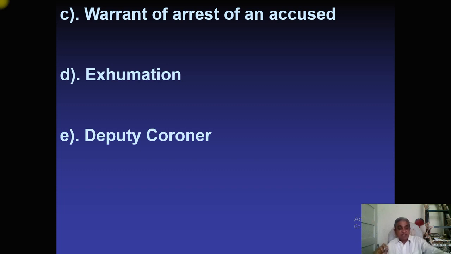So it is his power that if a witness, after duly receiving the summon, fails to appear before the court without any lawful excuse, then the second part of the summon is the warrant. The warrant may be issued by the coroner court.